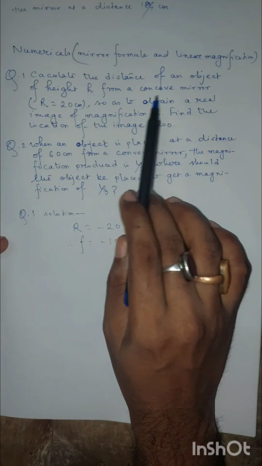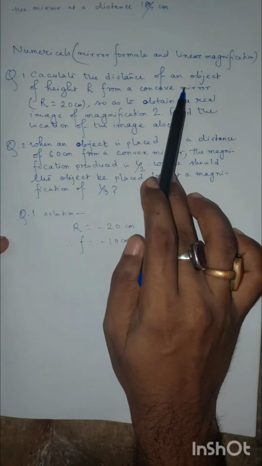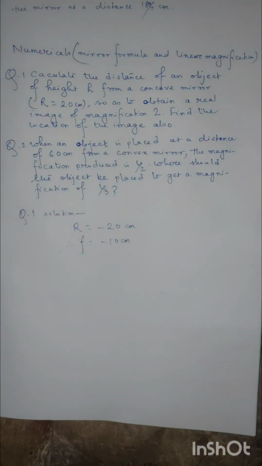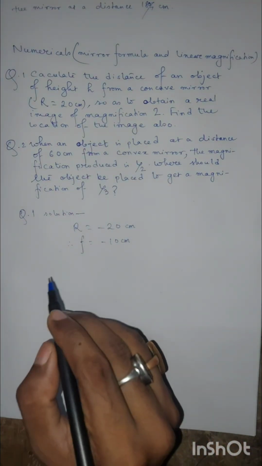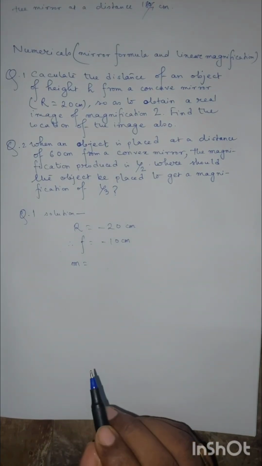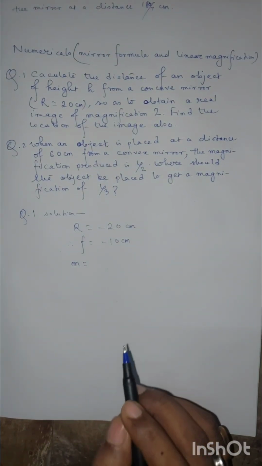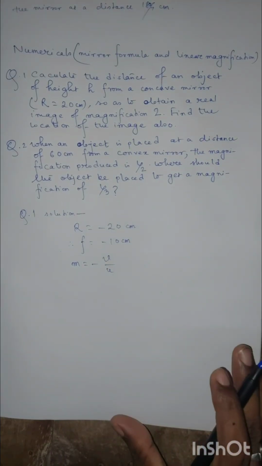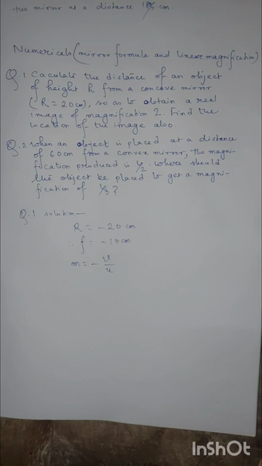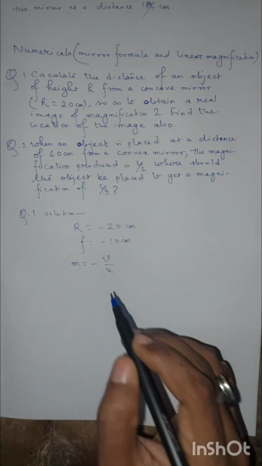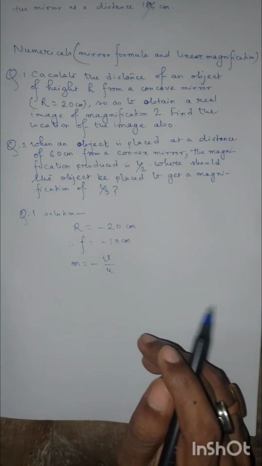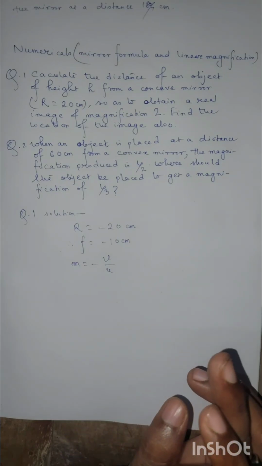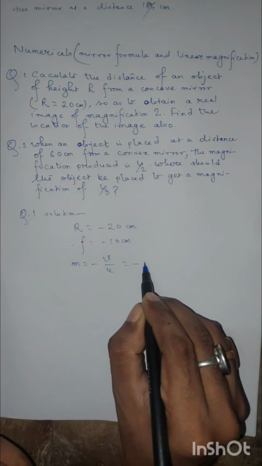Now friends, if we look at the next part of this question, it says: so as to obtain a real image of magnification 2. The formula for magnification we know is m equal to minus v by u, and for a real image we take magnification negative. So it is equal to minus 2.